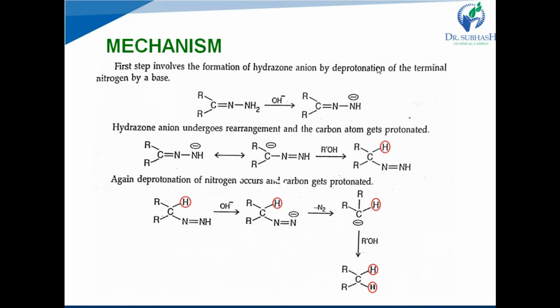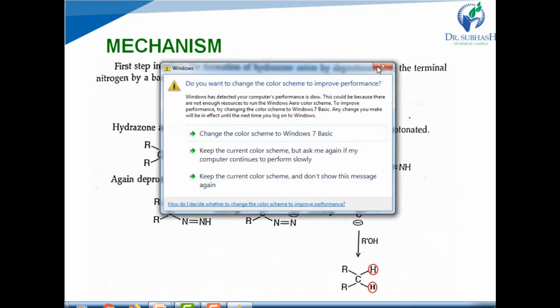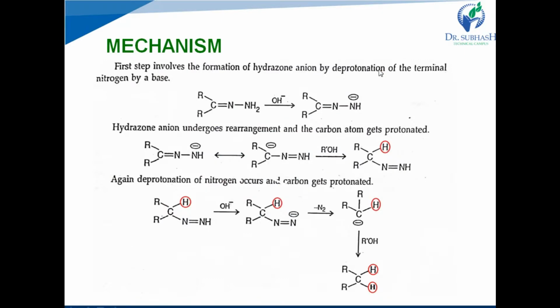This electron present on nitrogen forms the pi bond between the two nitrogen atoms, and simultaneously the nitrogen attached to the carbon leaves the carbon atom by breaking of the covalent bond, and forms nitrogen gas. That's why carbon acquires the negative charge and forms a carbanion.